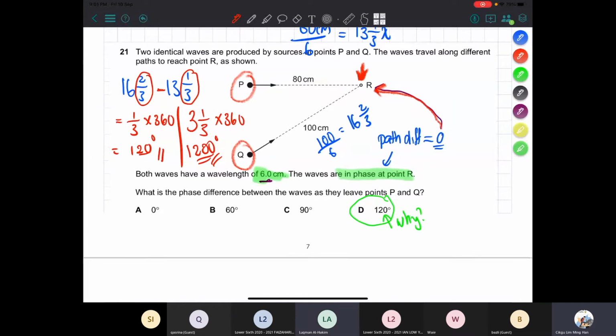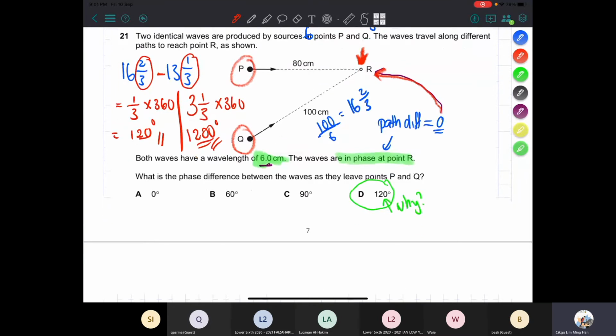1200. But the whole wavelengths can't be included, right? 3 wavelength is 360 degrees, right? Oh, okay. I think I start to understand already, because the path difference is 3 and 1/3 wavelength.